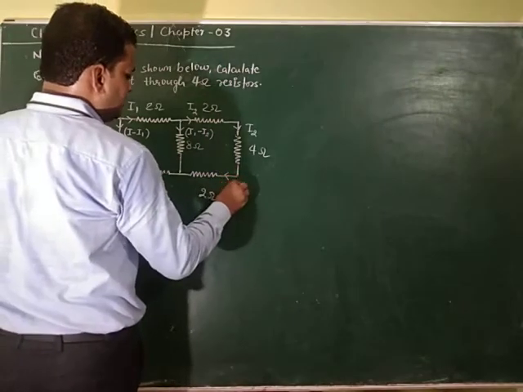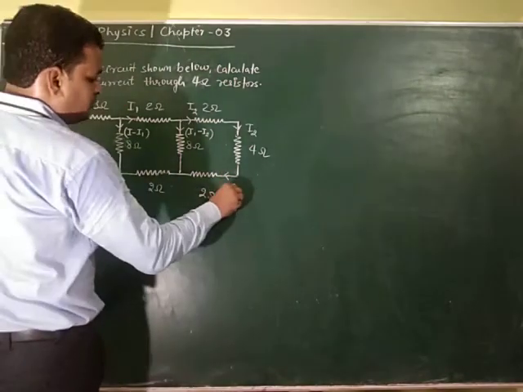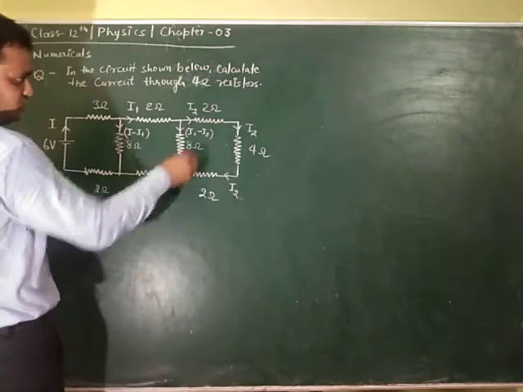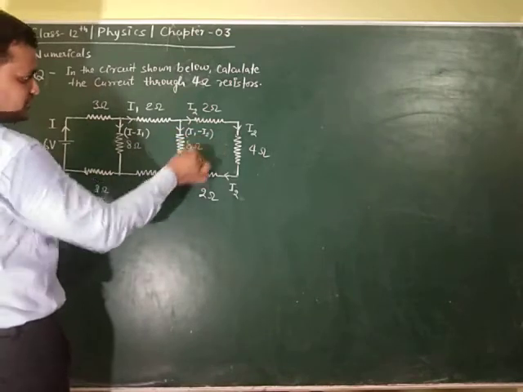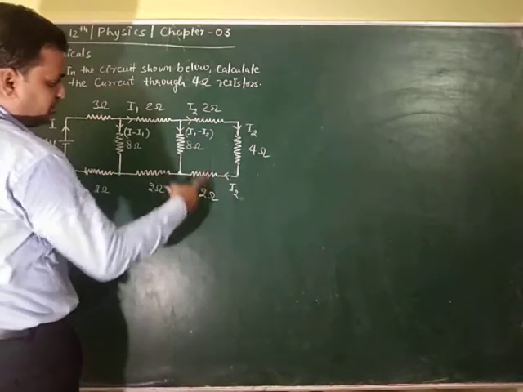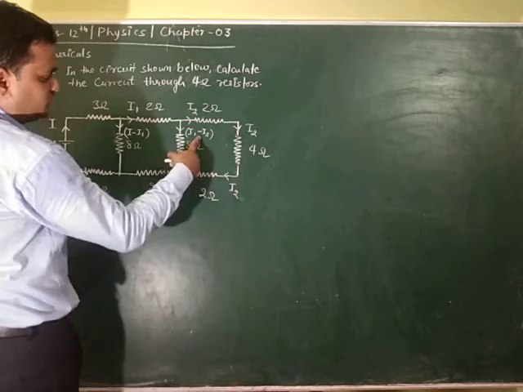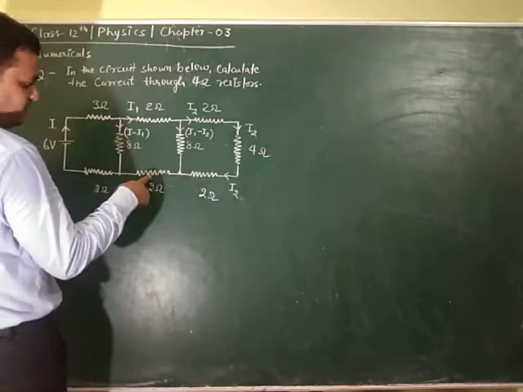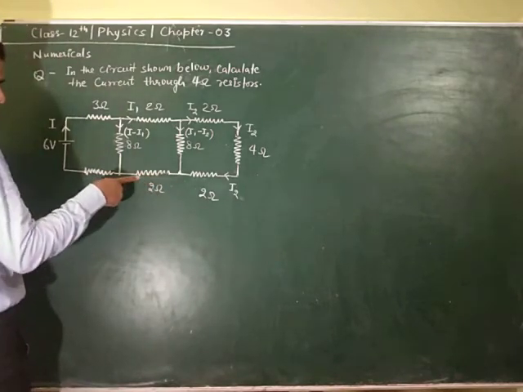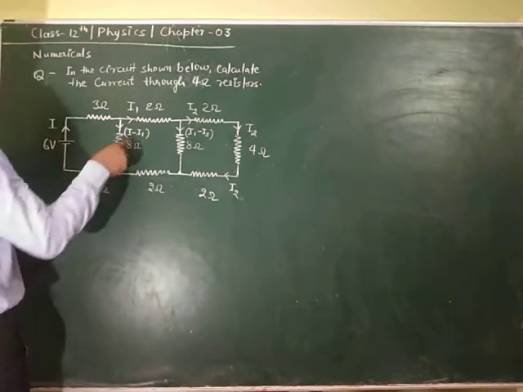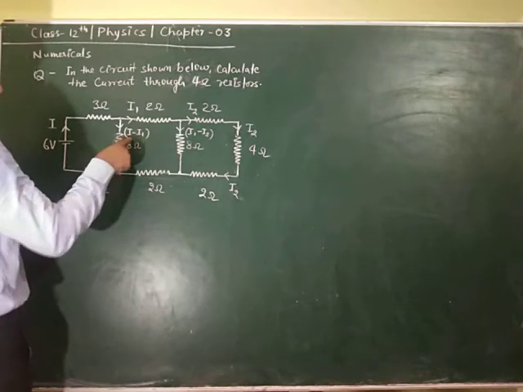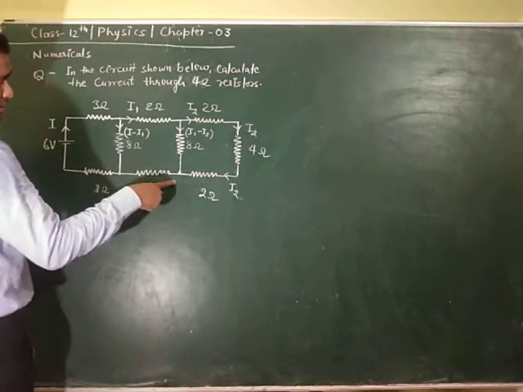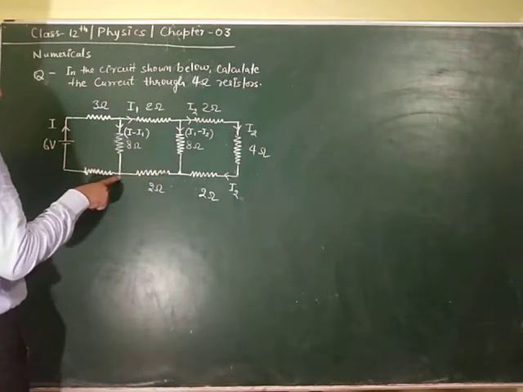Again this I2 will come here, and when this I2 reaches here, and from above you can see I1 minus I2 is coming, add these two quantities, I1 minus I2 plus I2, the total becomes I1 only. So I1, and when this I1 reaches here, the current coming to this point is I minus I1, again minus I1, and from this direction I1 was coming, so the total becomes I.